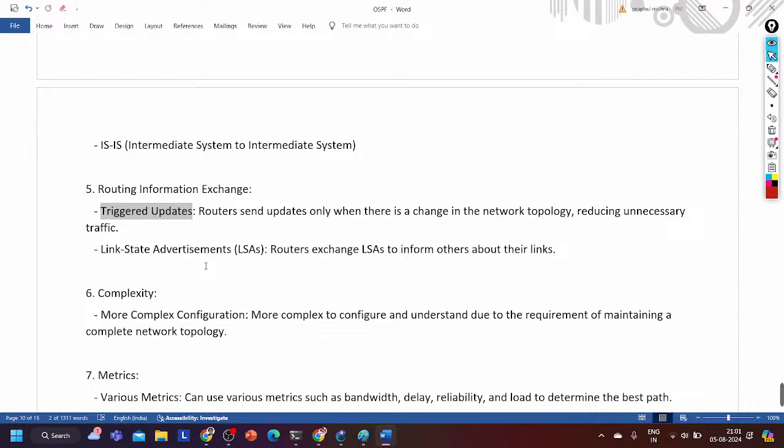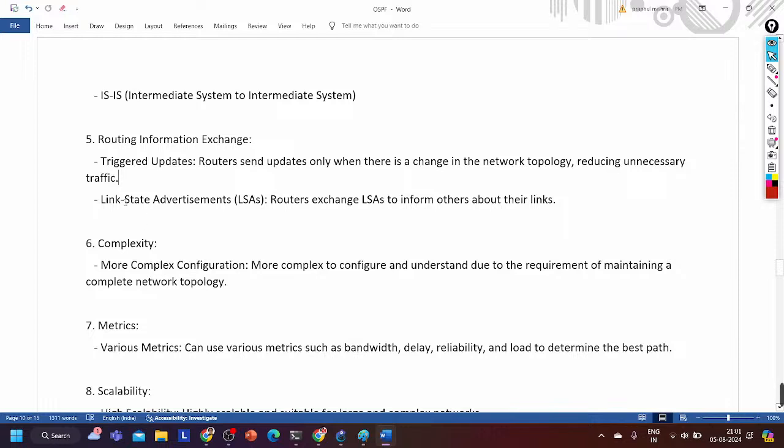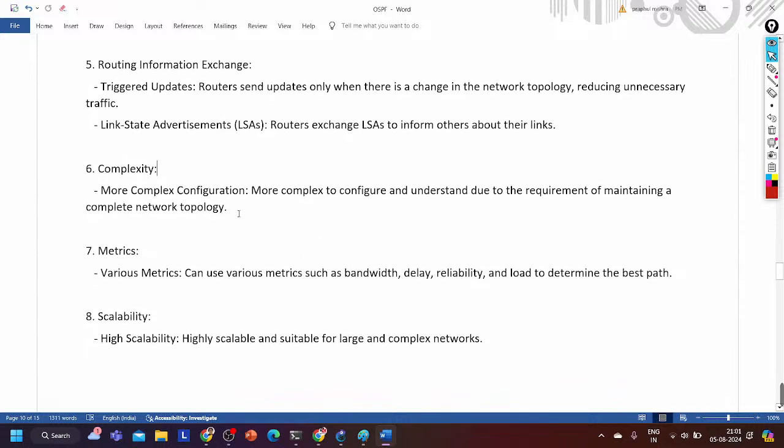And when a change occurs, it will send a partial update message, meaning only the changed information, not the entire thing. So triggered update: a router sends an update only when there is a change in the network topology, reducing unnecessary traffic like distance vector routing protocol. Routers exchange LSAs to inform other routers about the link.